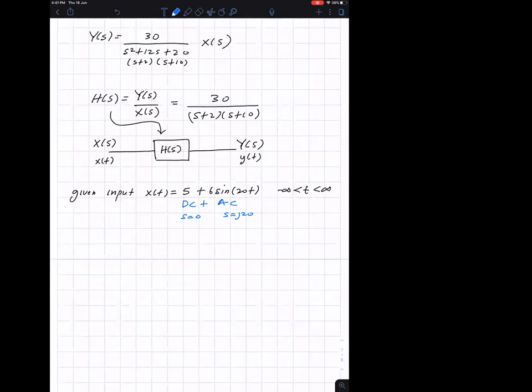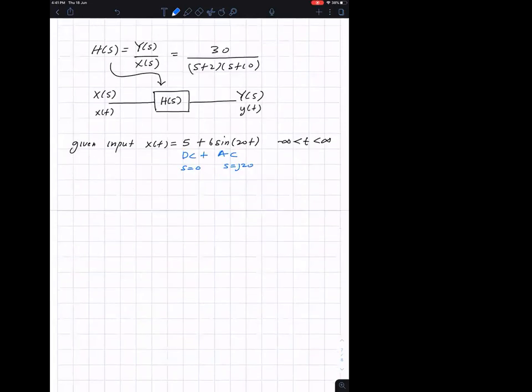No, sir. All right, to find the output, for the DC input, we find the output. So we have the input DC, then we find what the output DC is. Input DC, output DC is what?